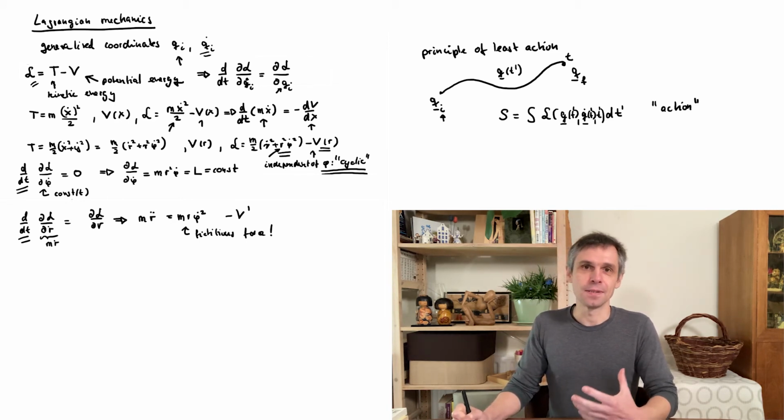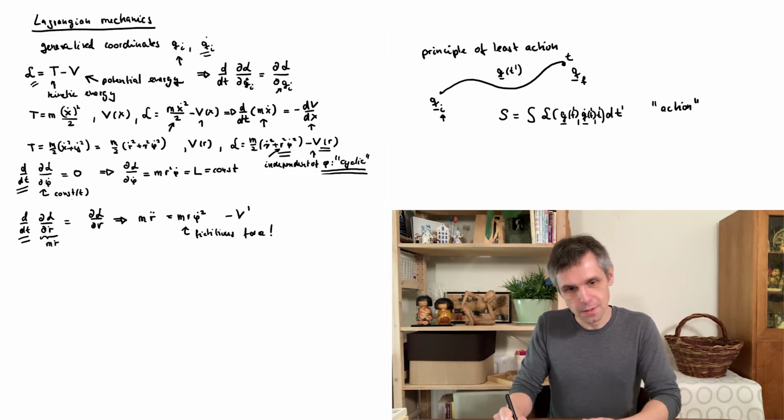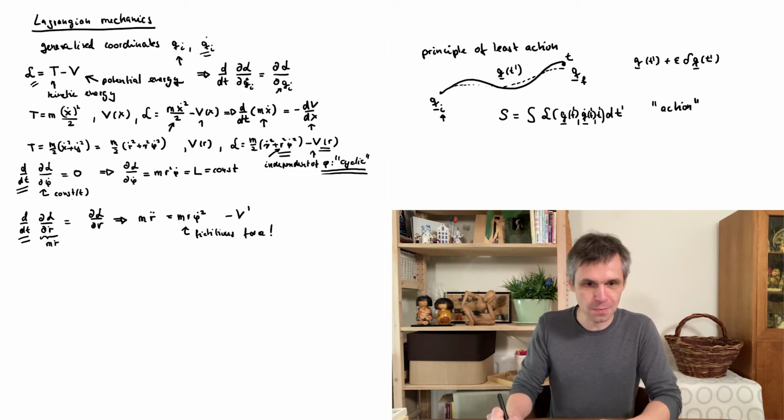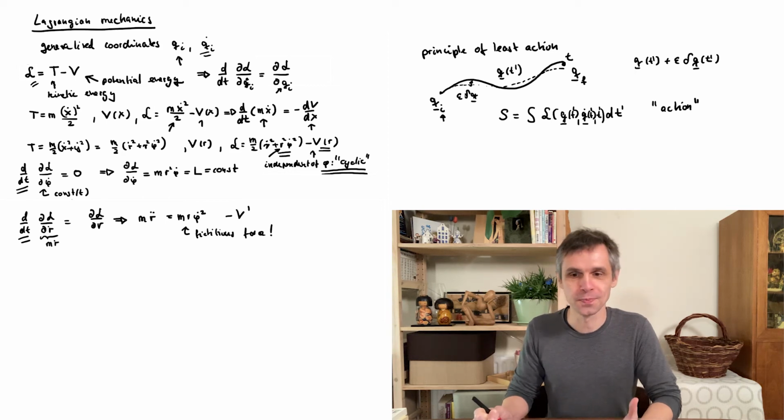And now we can consider many different paths which are just deviating from this a little bit. So let's say we consider our path with a little addition, which I just call delta q. Just a little sort of difference between these two different paths here. So this would be just delta q.